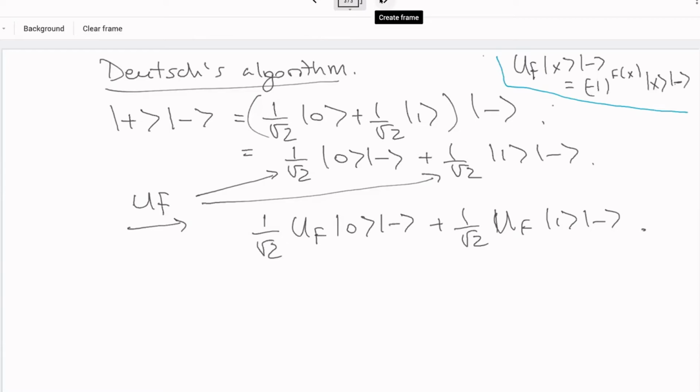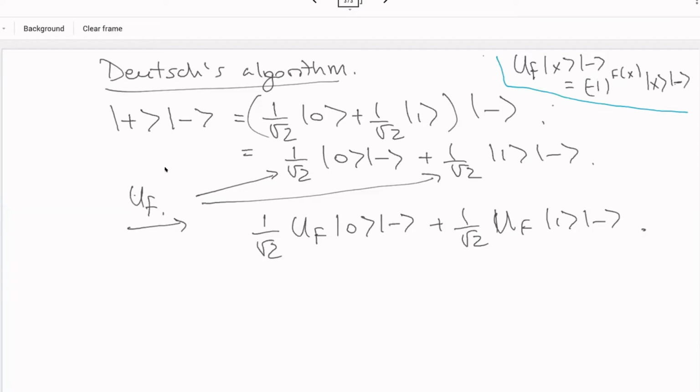And so we can just apply this equation. Sorry, there are questions. So what is U sub f? Sorry, did I write it properly? I mean U sub f. Okay, sorry.